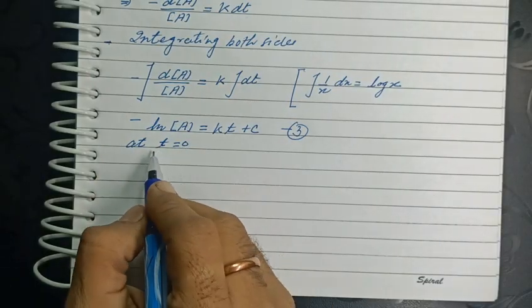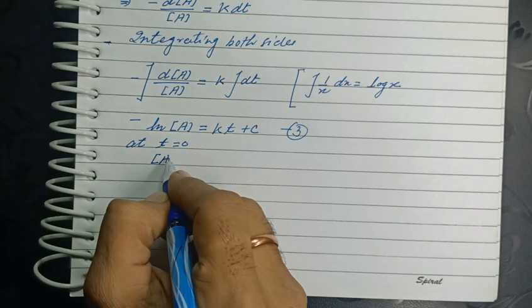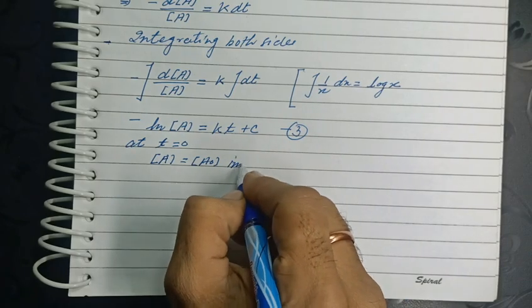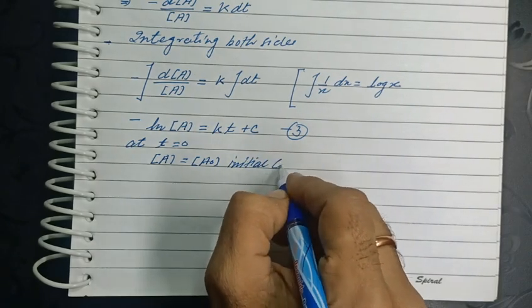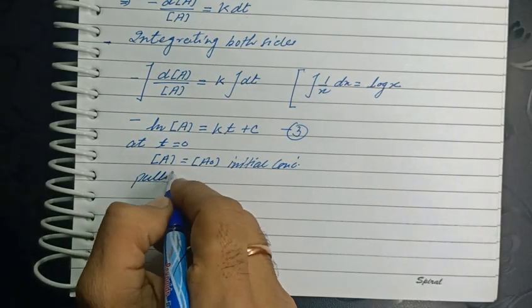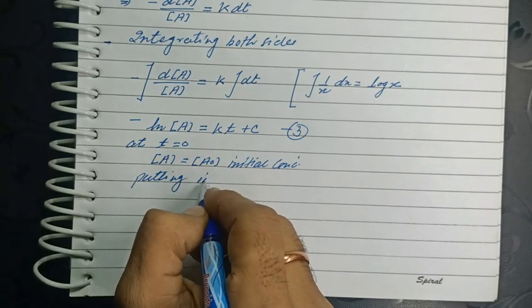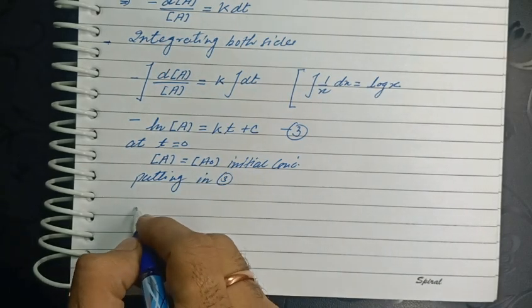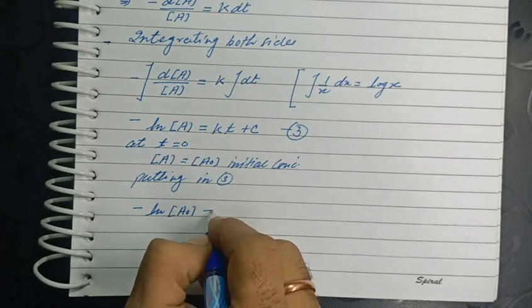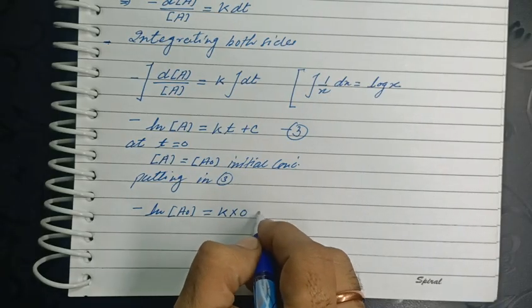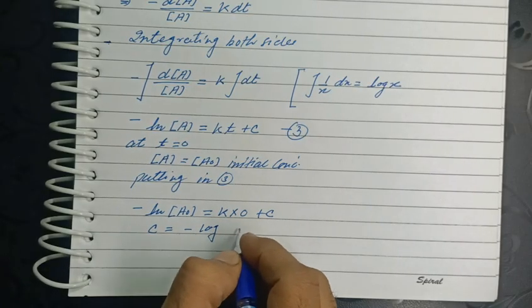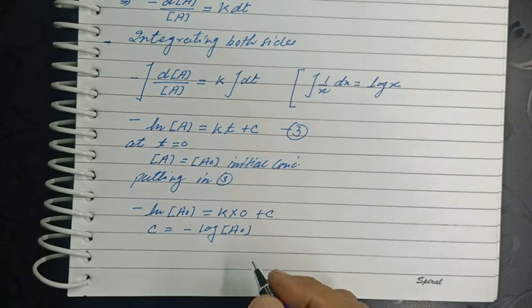At t is equal to 0, time is 0, so any concentration must be equal to initial concentration. A naught is initial concentration. Putting in third, we get minus log natural A naught is equal to K into 0 plus C. We get the value of C as minus log natural A naught.